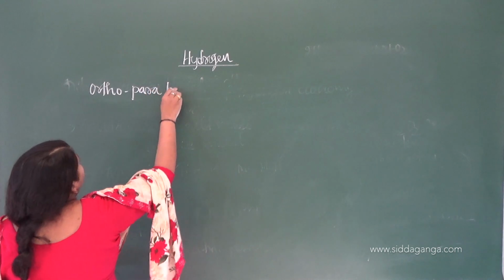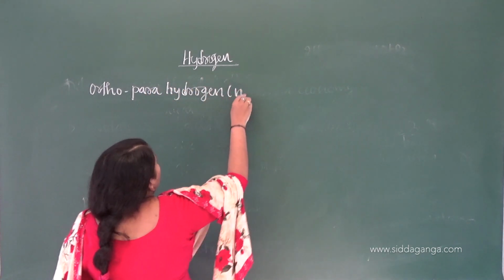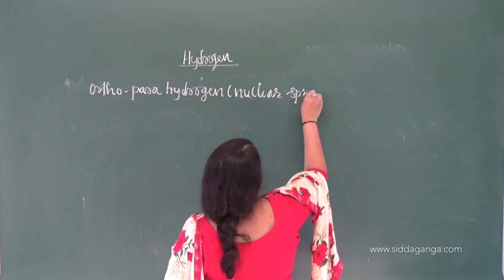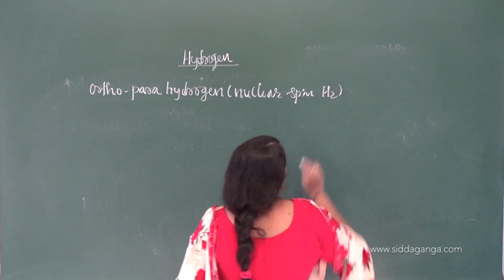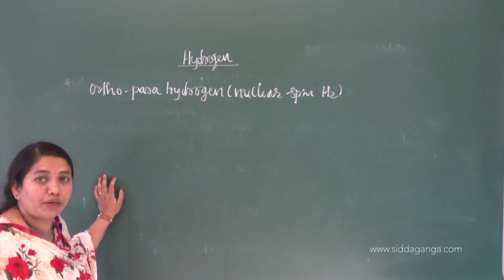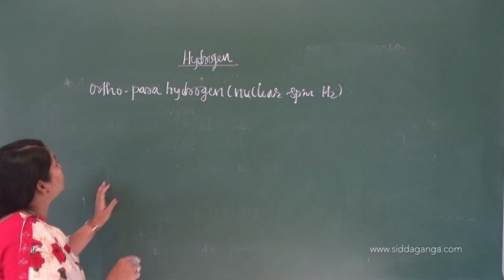You can say this is nuclear spin hydrogen, ortho and para hydrogen. That is not there in the textbook, but still it is important. That's why I am discussing. Very small concept this is.